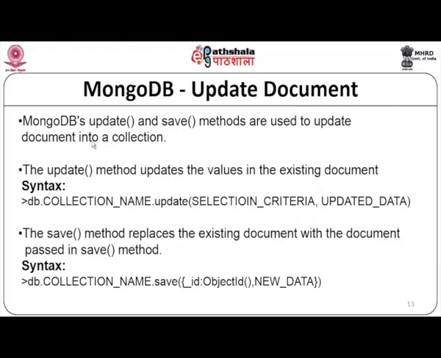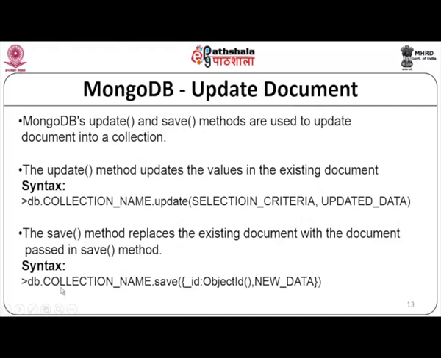So, the general syntax is db dot the name of the collection followed by the method update with two criteria. One is the selection criteria, another one is the updated data, that is the data that you want to update in the document. The save method works differently: it replaces the existing document with the new document which has been passed as part of the save method.